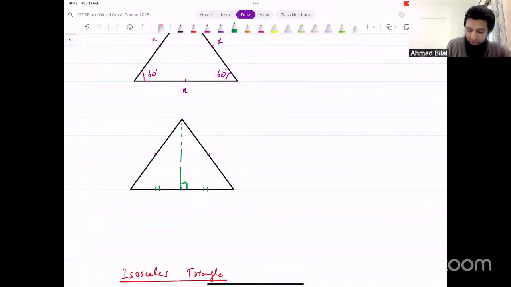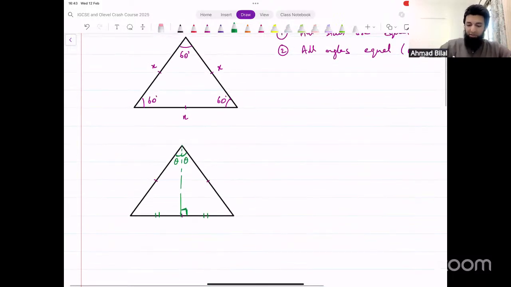And the angle is also going to be divided. This angle and this angle, if one of them was theta, the other is also going to be theta. The angle will also be divided equally into two halves. That's true for equilateral triangles.